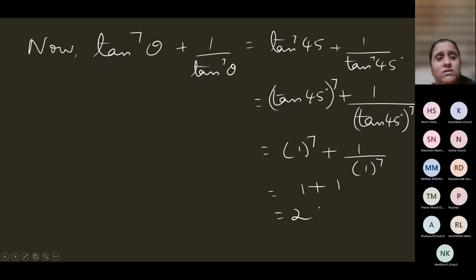So whatever be the power of tan theta, it can be 100, 200, whatever, don't get scared. It can be 2, 3, 4, 5, 6, whatever be the power, the value is always 2. See, tan square theta plus 1 by tan square theta is also 2. Tan cubed theta plus 1 by tan cubed theta is also 2.